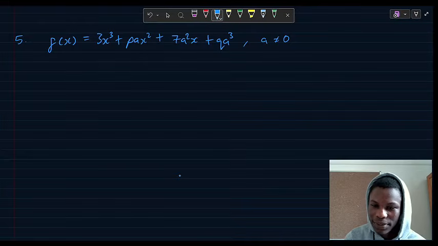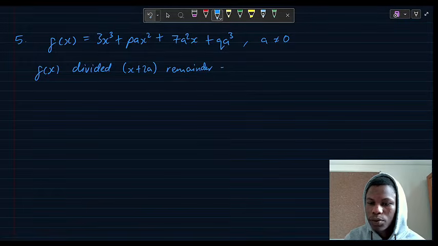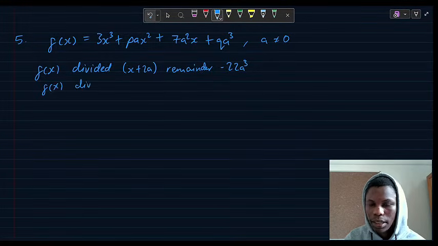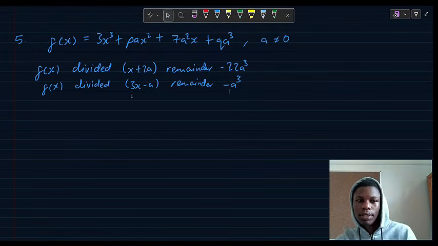When f of x is divided by x plus 2a, the remainder is negative 22a cubed. When f of x is divided by 3x minus a, the remainder is negative a cubed. Find the values of p and q.